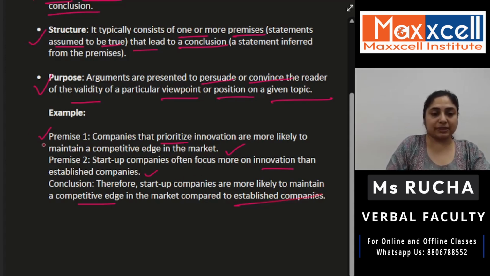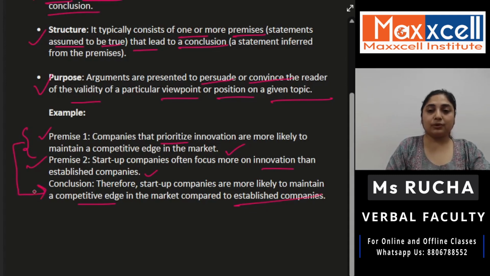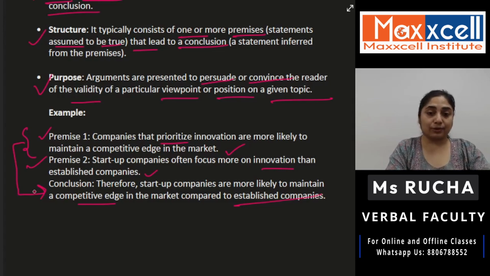So this premise is there, this premise is there, and according to these two premises, the conclusion is this. Whether the conclusion is right or wrong, whether the premises are strong enough, and whether the relation between the premise and conclusion is correct and strong or not, these things we'll discuss later, but this is the basic structure that you need to understand.